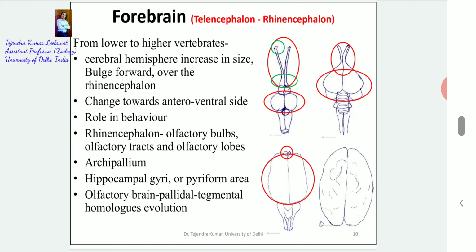This is of an ostrich, means a bird's brain, and the lower left image is of a sheep, means a mammal. So you can see clearly that the higher the cerebral region, the lower the olfactory region or rhinencephalon, because it covers the rhinencephalon.